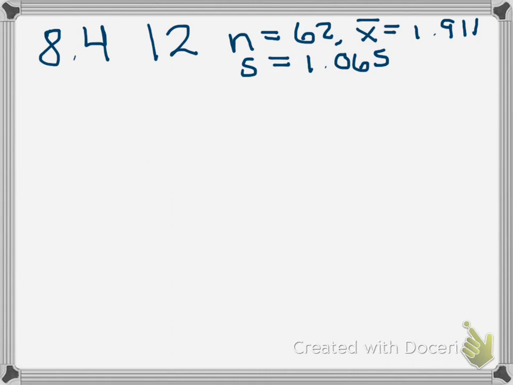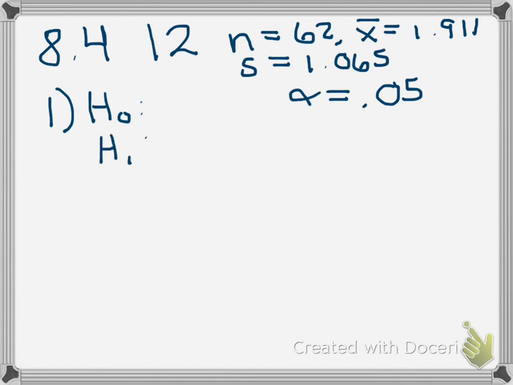It says to use an alpha level of 0.05, so in step 1, I'm going to say alpha is 0.05. And I know in step 1, which you all should know by now, I have a null and an alternative hypothesis. So it says use alpha 0.05 significance level to test the claim that the mean weight of discarded plastic from the population of households is greater than 1.800.